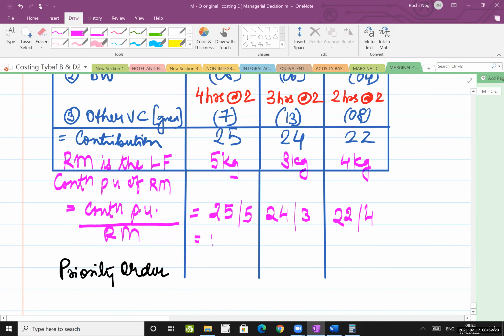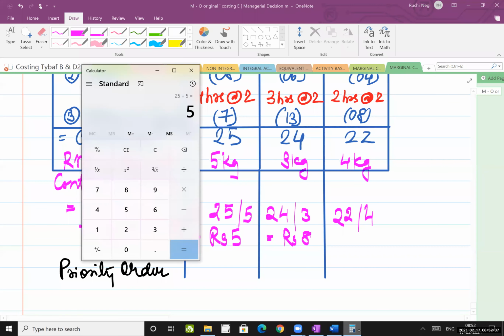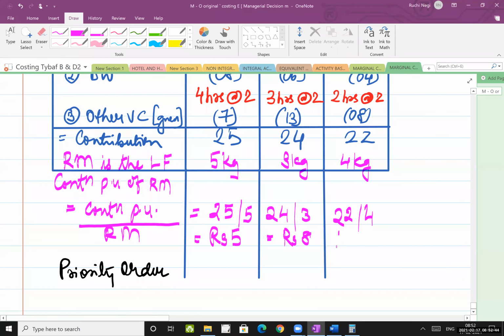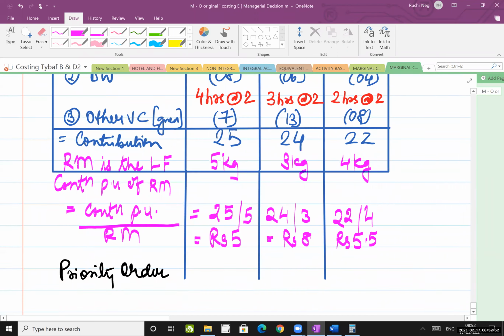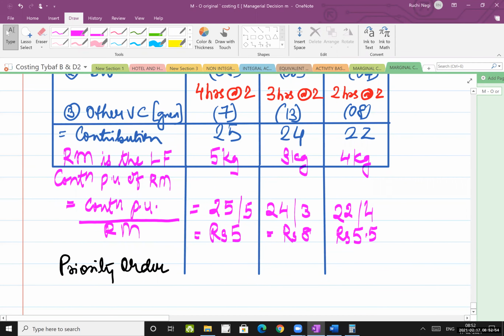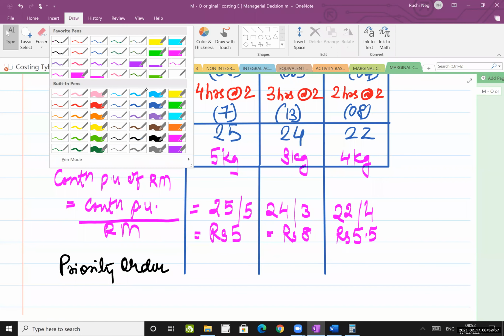So write it 5 rupees. 24 divided with 3, 8 rupees. And 22 divided by 4, 5.5 rupees. Like this.